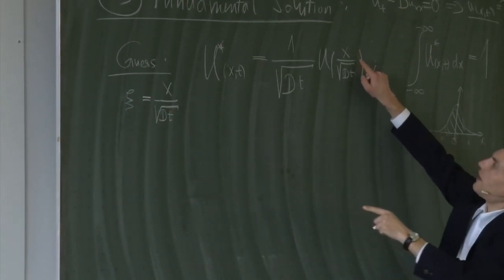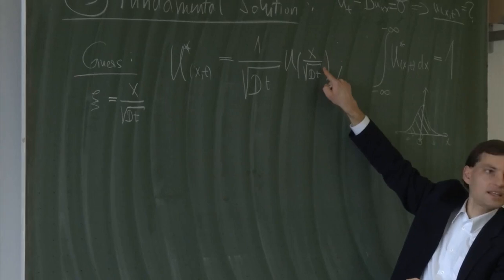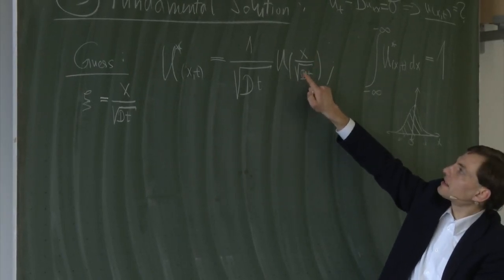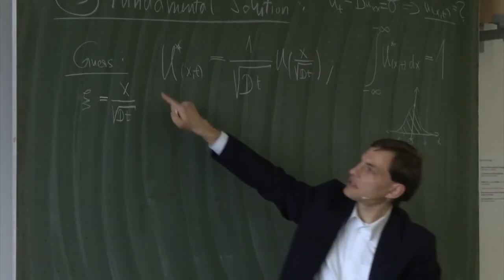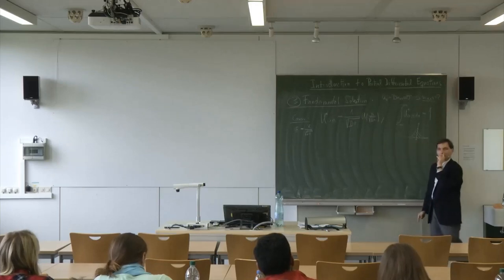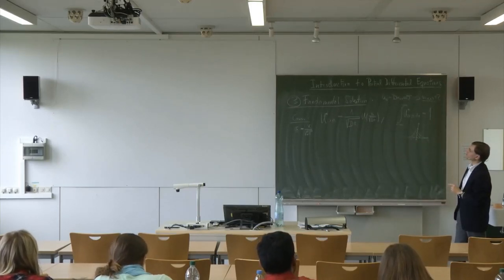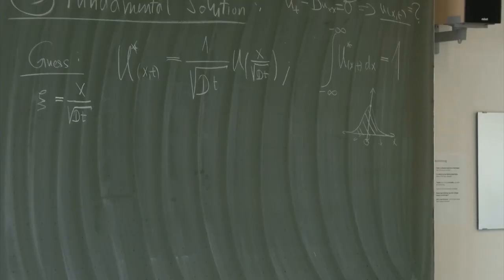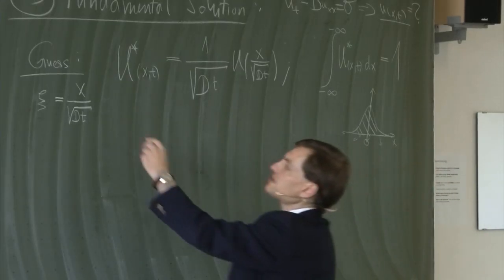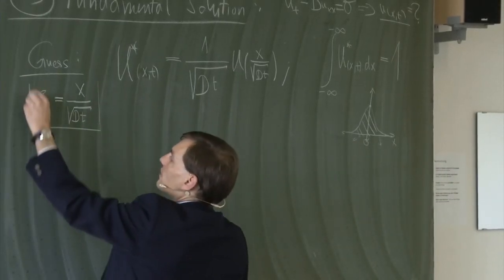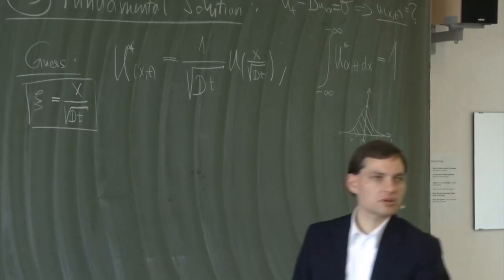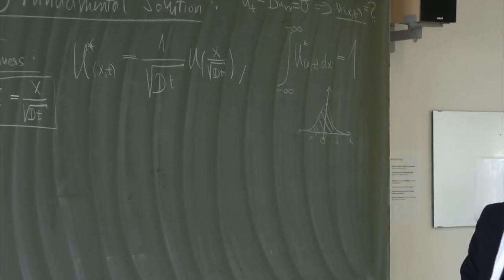So what I define as xi is actually what is in here. I say xi is x over square root dt. So let me introduce this new variable xi.